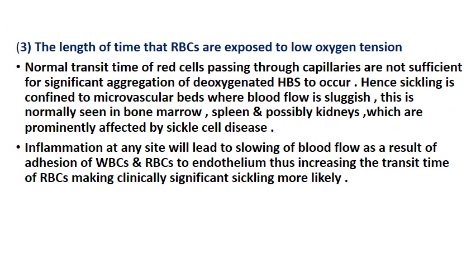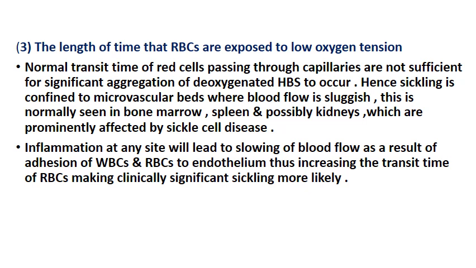Another factor that affects sickling is the length of time that RBCs are exposed to low oxygen tension. The normal transit time of RBCs through the capillary is not sufficient for significant aggregation of deoxygenated hemoglobin S to occur.